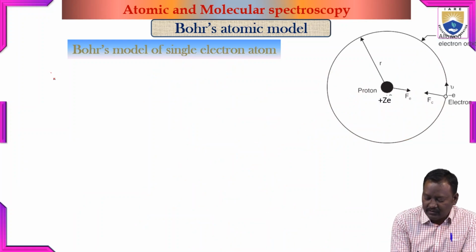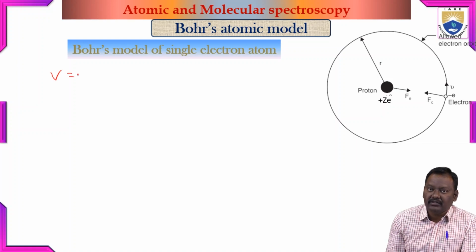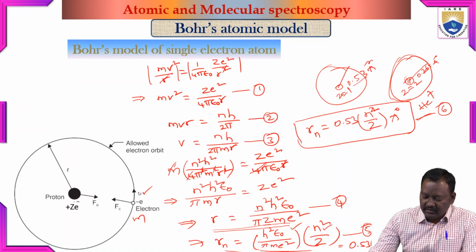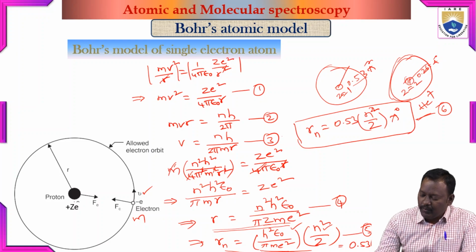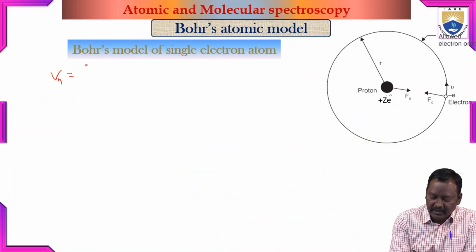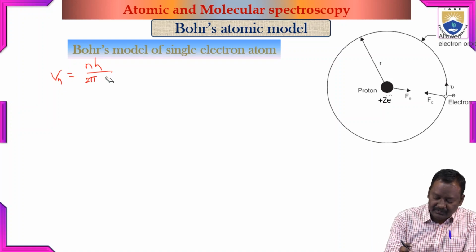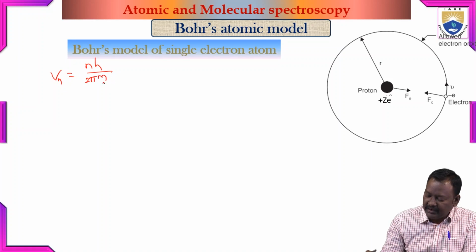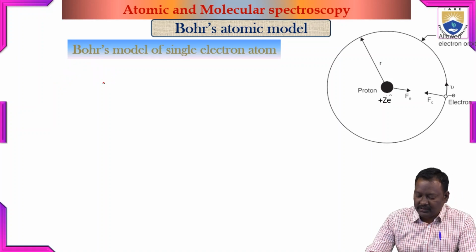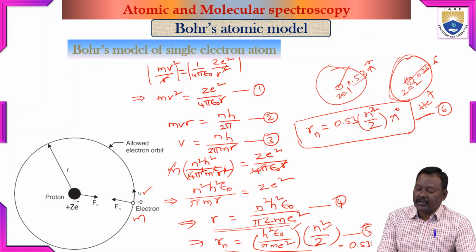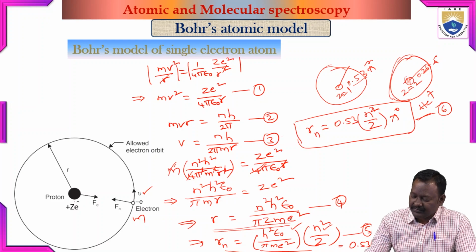Then v equal to velocity of electron in different orbits. Let it be vn equal to nh by 2 pi mr. Here, for r we need to substitute the value from this equation: n square h square epsilon naught by pi z mu square.